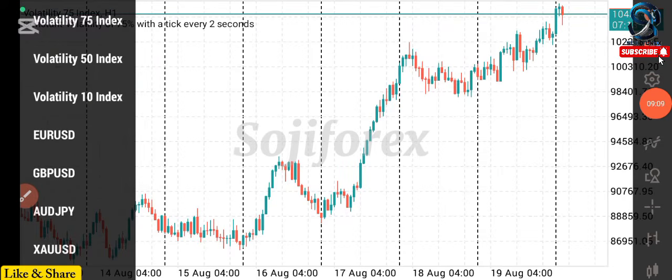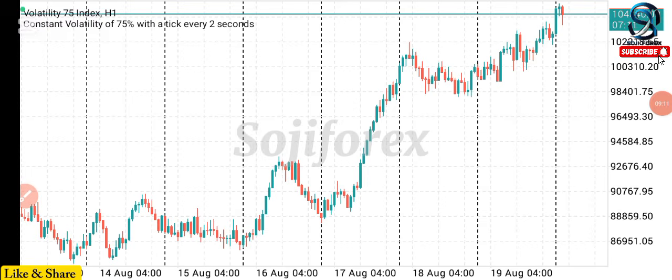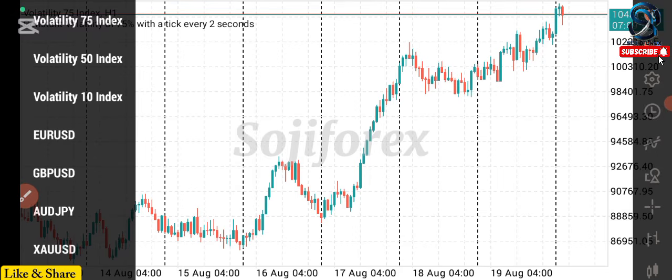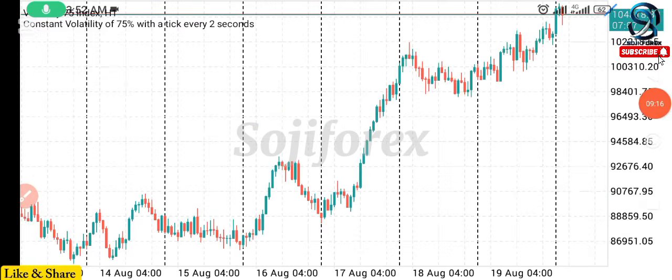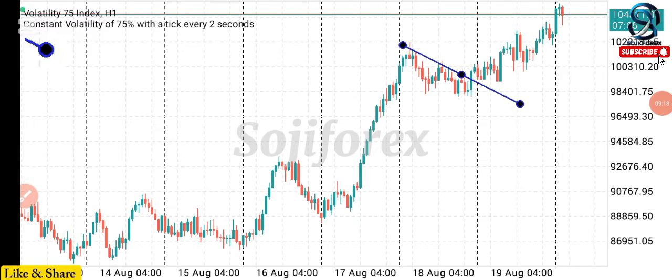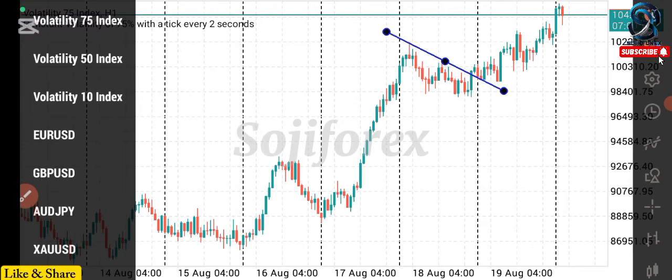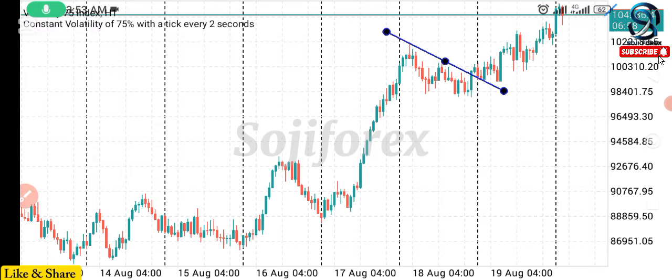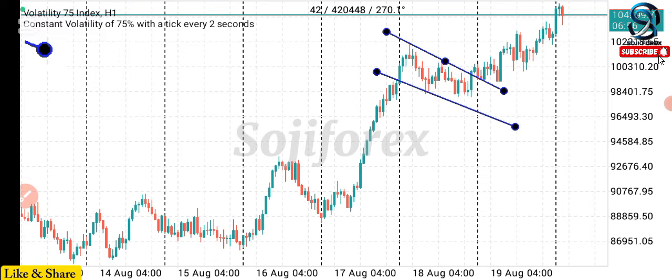Now this is Volatility 75. Now look at this. Do you see that? So that is what we are talking about.